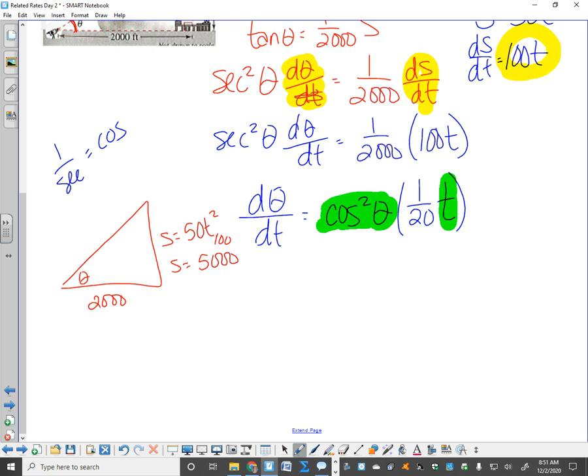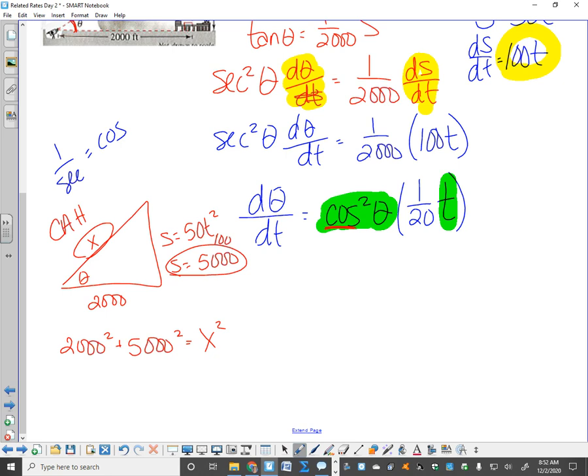So now I can find cosine of theta. And again, I want cosine. Cosine is CAH. So adjacent over hypotenuse. Well, hypotenuse, so I can just Pythagorean my way out of that. So 2,000 squared plus 5,000 squared equals, I don't know, call him X squared.